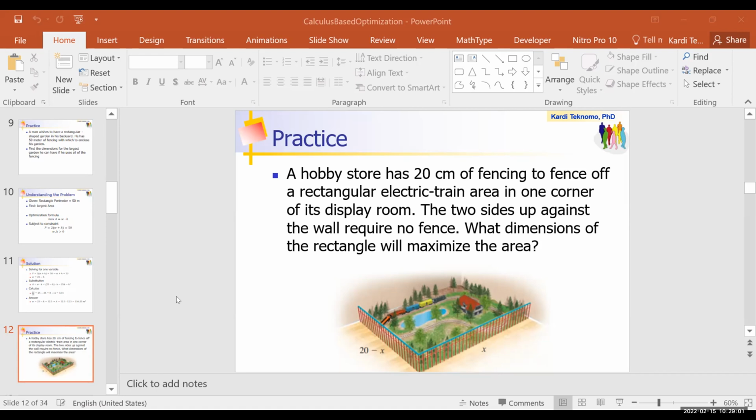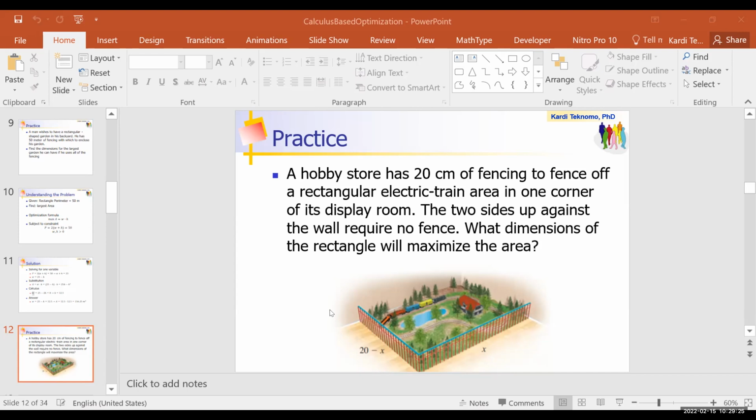A little bit different. So you see here, this is the drawing. This is a toy train, right? And then it has two sides that require fencing.